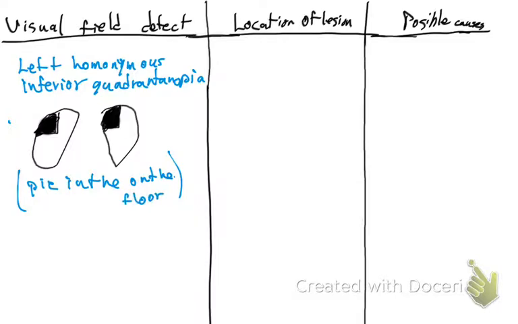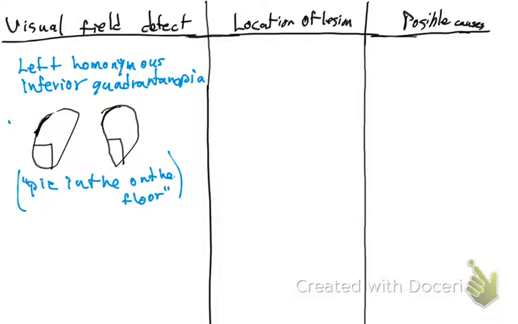If it's pie on the floor, how do you think that is going to look here in the field? This one is superior, so this is going away. It's going to be just like on the floor, so just a pie here and a pie on the floor there.